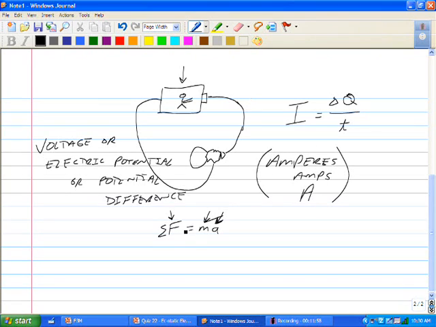In the world of electricity, who's causing the push? The voltage. In this case, the battery, yes. And what's the resulting change in motion? Yeah, current. And then what's resisting that change or that movement? Resistance.